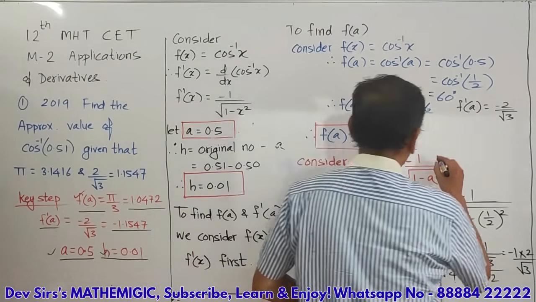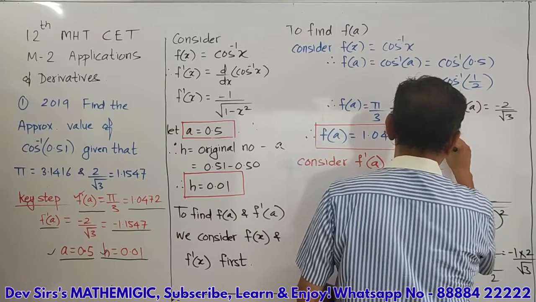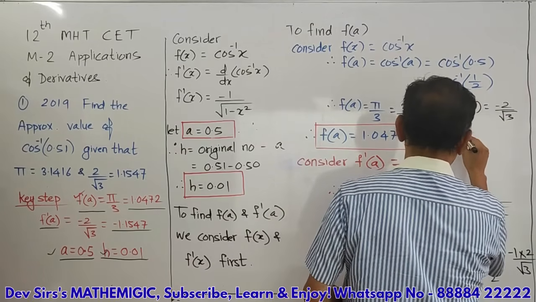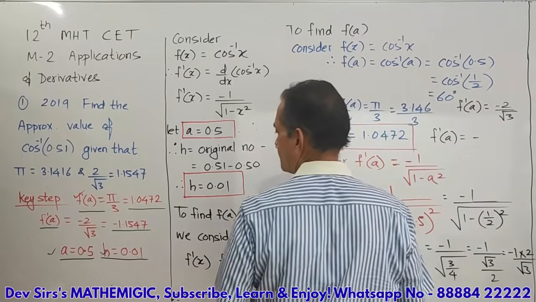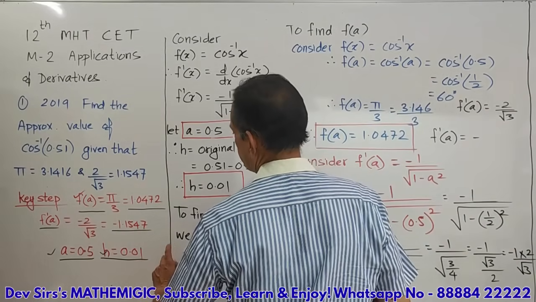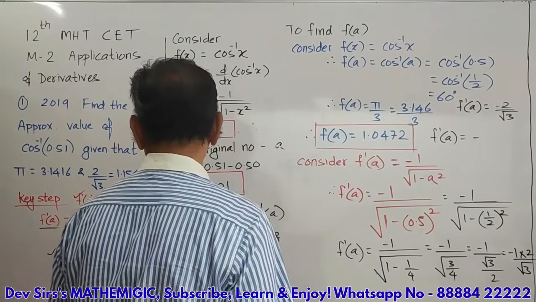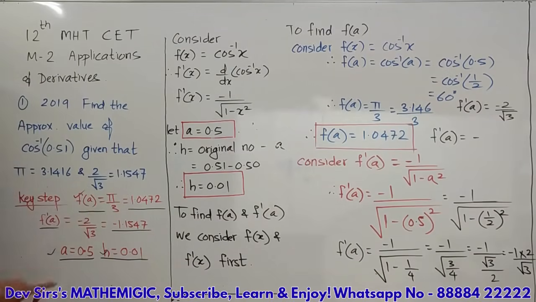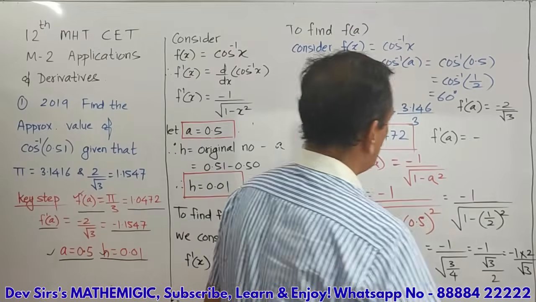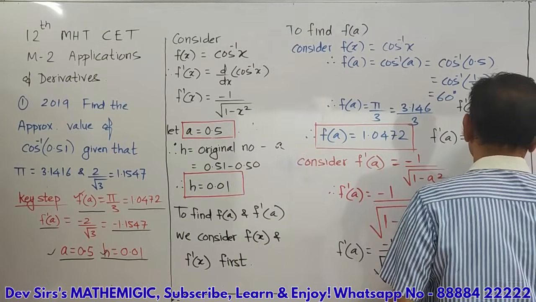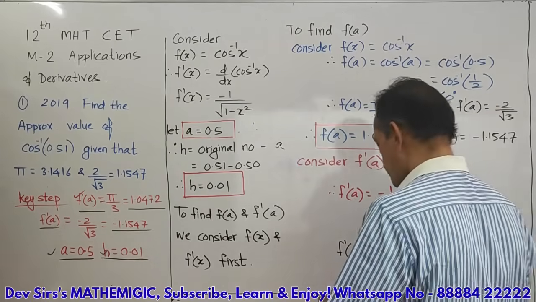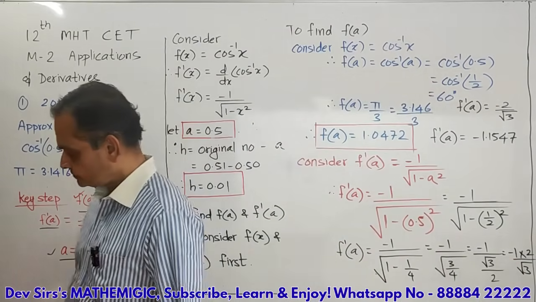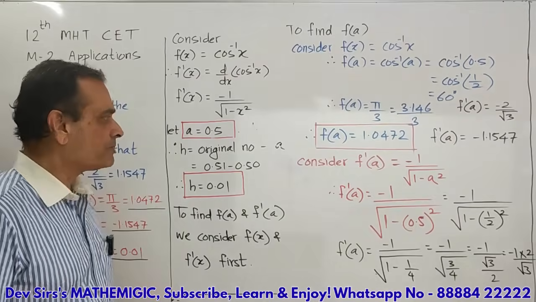So F dash A minus 1.1547. That is F dash A. इसको भी मार्क करेंगे.